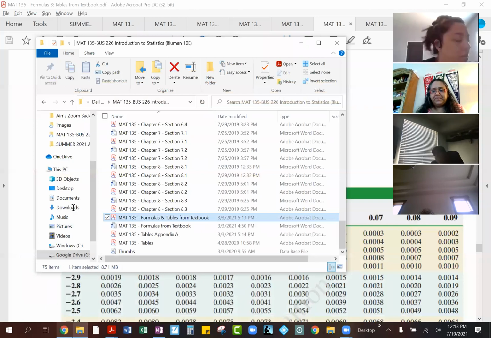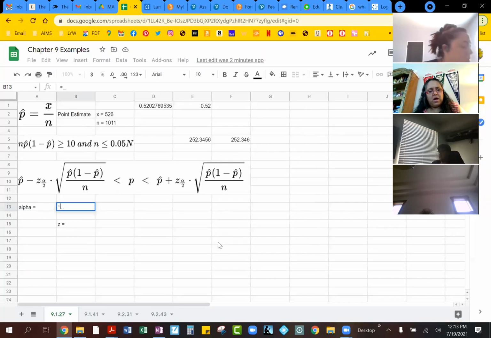So your alpha value is going to be 1 minus, and then since they said 95%, that's going to be 0.95. So your alpha value is 1 minus whatever that confidence interval percentage is. And remember, you're doing these in decimals, so it's 1 minus 0.95. So that's going to be our alpha value.